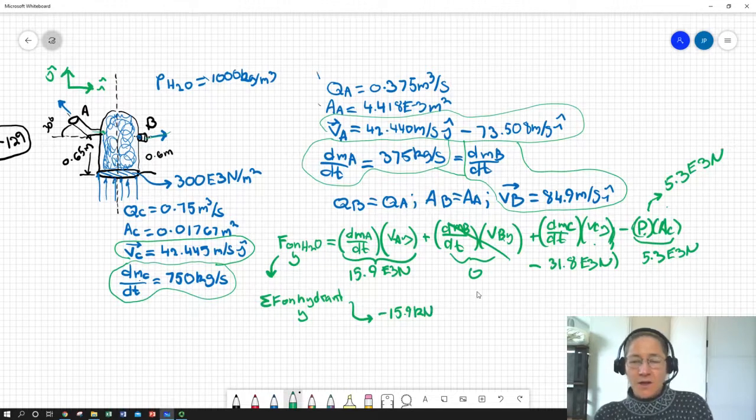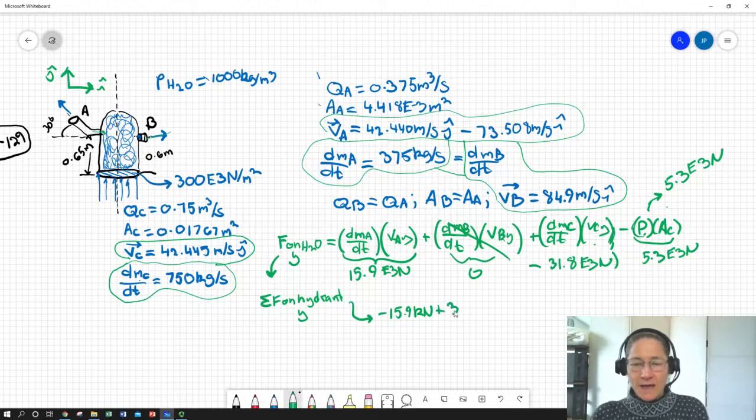And we got nothing going on at B because we are not changing the direction of the water at B. At C, we're basically having to exert a downward force from the hydrant to change the velocity of the water from its upward 42.45 meters per second to stopped inside the hydrant. So there's going to be an upward force coming from that on the hydrant.